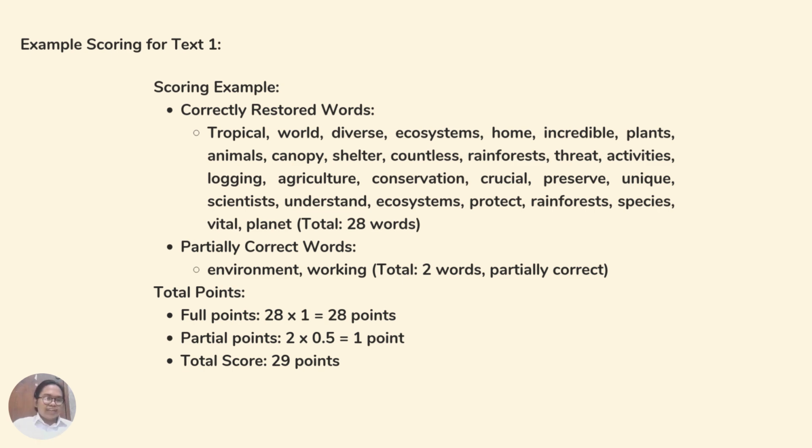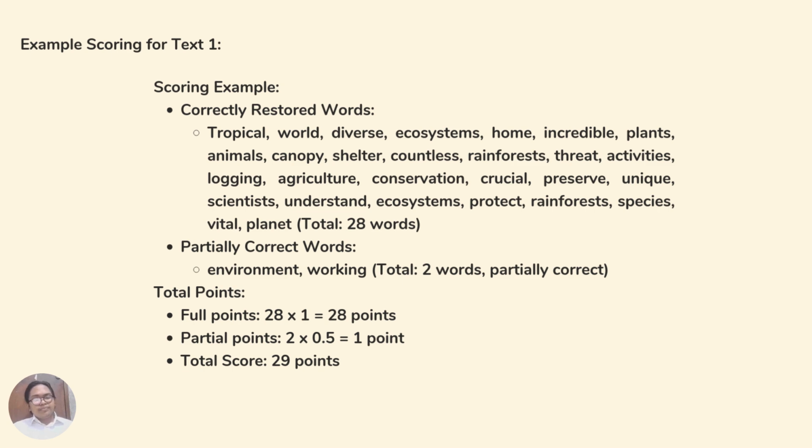We have the correctly restored words: tropical, diverse, ecosystems, home, incredible, plants, animals, canopy, shelter, countless, rainforest, threats, activities, logging, agriculture, conservation, crucial, preserve, unique, scientists, understand, ecosystems, protect, rainforest, species, vital, and planet. So in total we have 28 words.